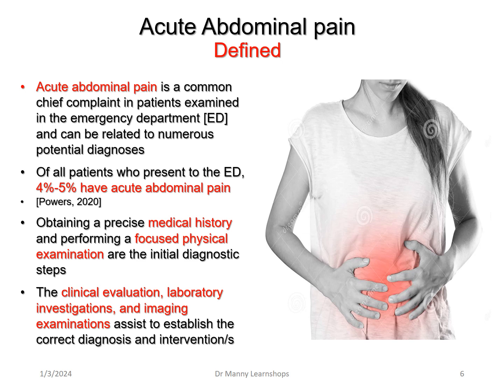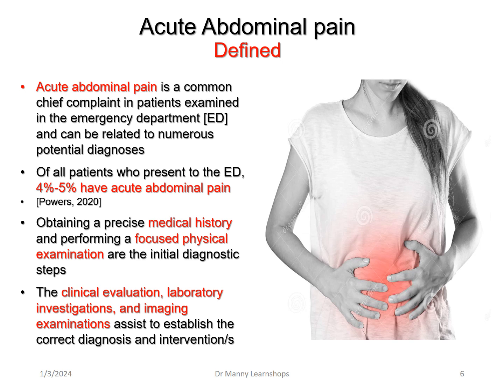When you look at acute abdominal pain, it's defined as a chief complaint in most emergency departments. And there can be numerous potential diagnoses made in relation to where that abdominal pain is coming from. The important thing is you get a history and an accurate, focused physical assessment, which will lead to certain diagnostic procedures.